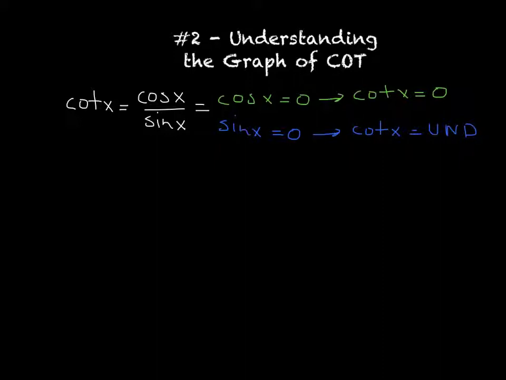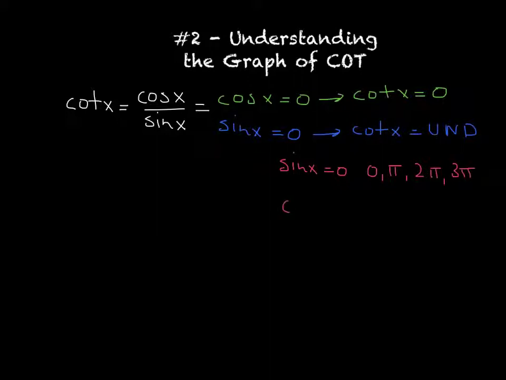So we already established, and you're going to want to memorize these. Let me repeat, you are going to want to memorize these. We've already established that the sine of x equals 0 at multiples of pi. So that's going to be 0, pi, 2 pi, 3 pi, on and on.